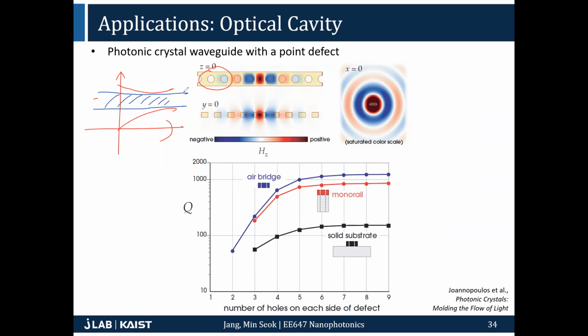Okay, and then at this band gap energy, if you have a point defect, because this photonic crystal region doesn't allow you to have a guided wave or propagating wave, it only allows you to have an exponentially decaying mode. And if you have a point defect, it can support a localized mode, confined mode, or cavity mode in a sense.